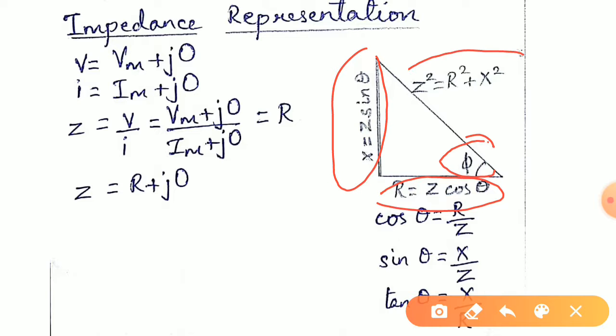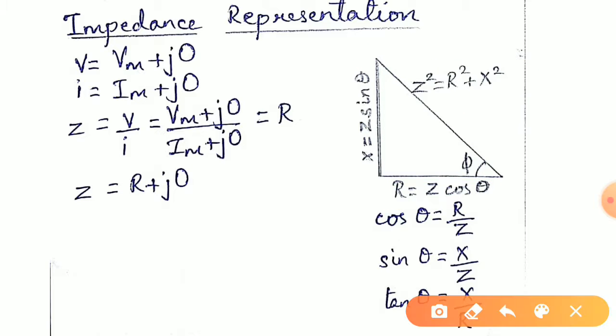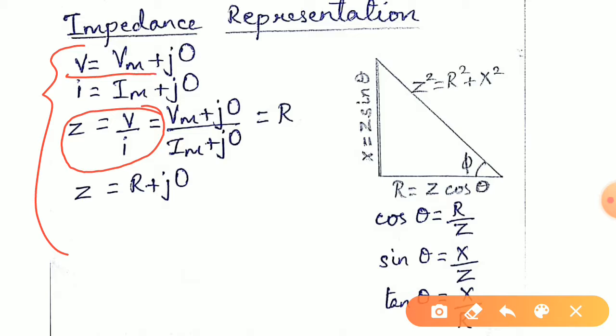As a result, we get Z square is equal to R square plus X square. The impedance equation can be obtained by Z is equal to V by I, where V is Vm plus j0 and I is Im plus j0.